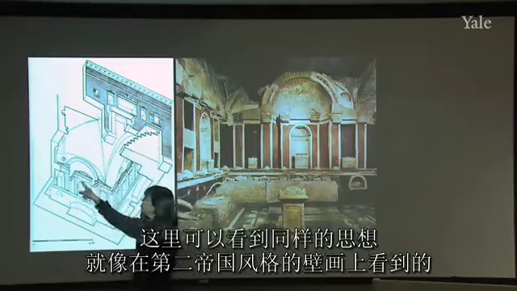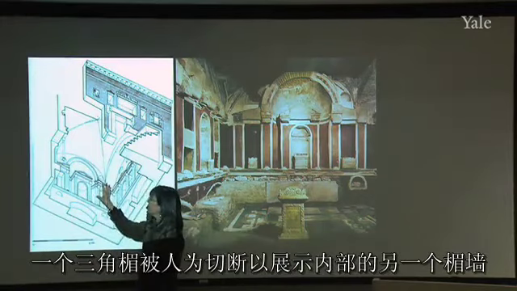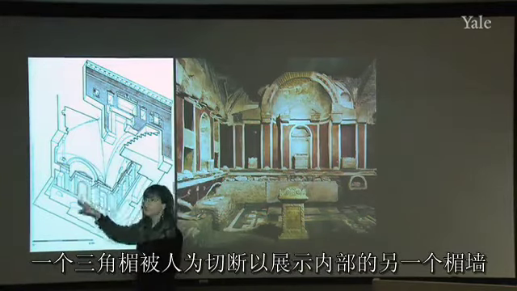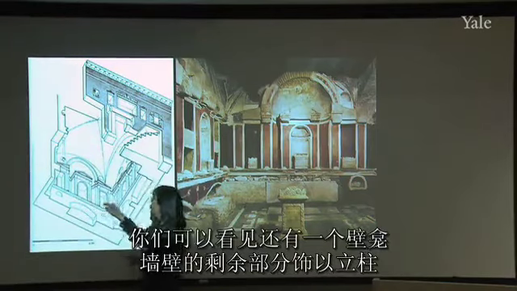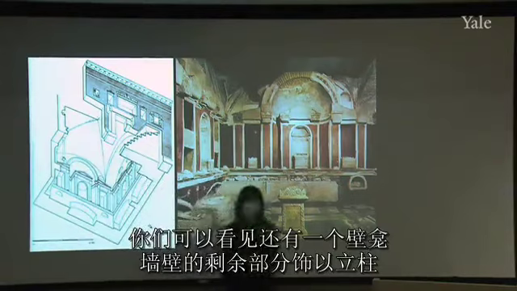And you see here this same idea of split, as we see in the paintings of the 2nd style. The triangular pediment has been split apart to reveal another triangular pediment inside with a niche, as you can see, and the rest of the wall embellished with columns.